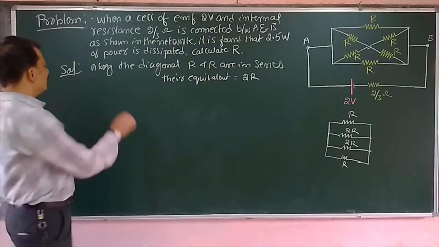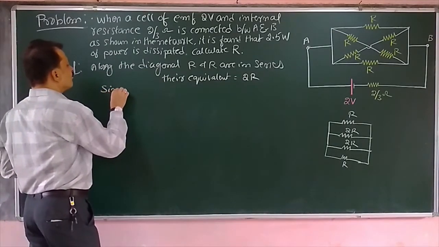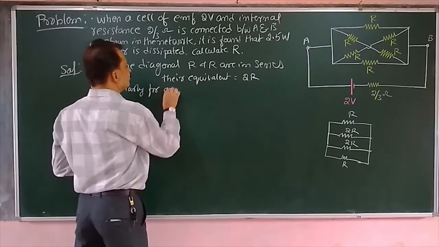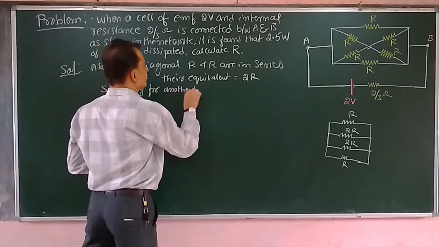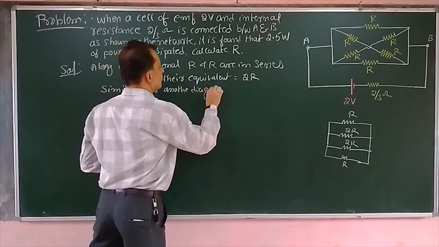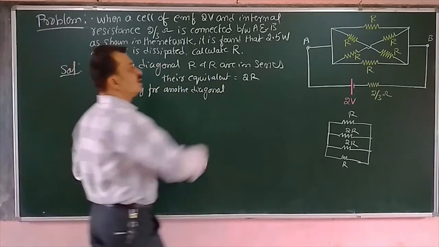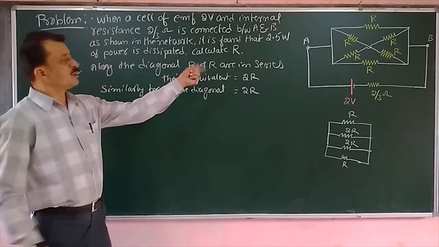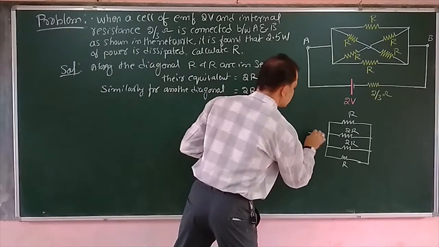Clear? Now similarly for another diagonal, the equivalent resistance is also 2R. Now that circuit reduces to like this.